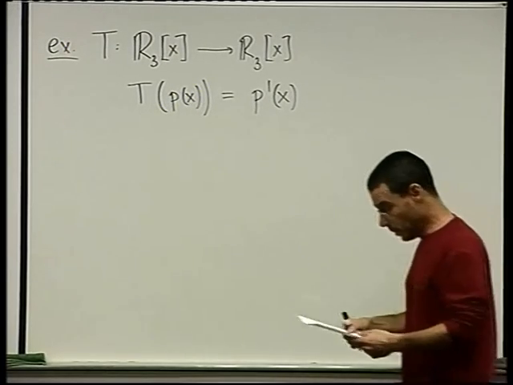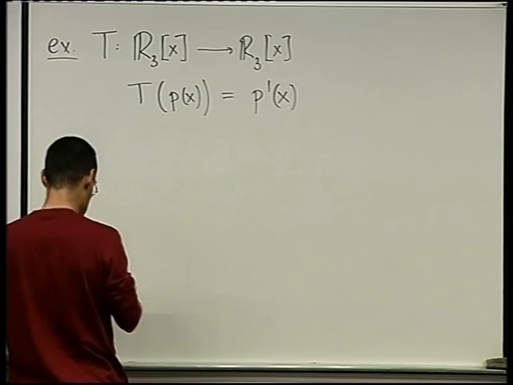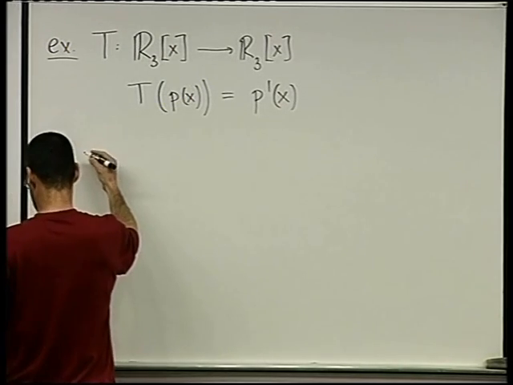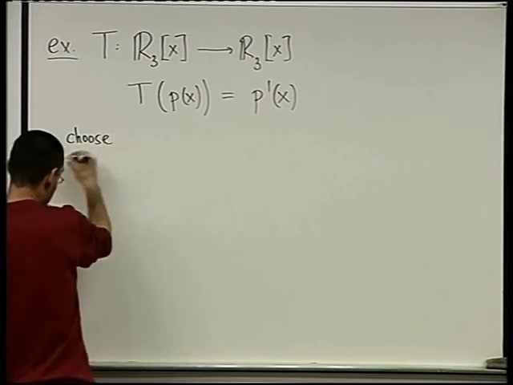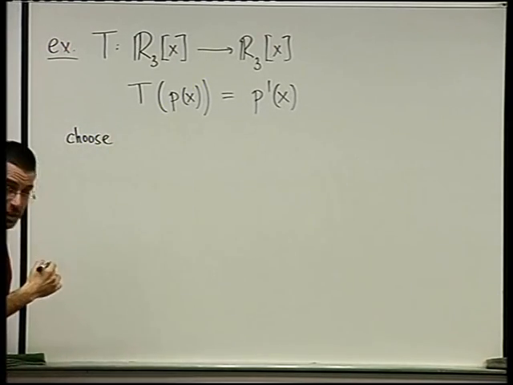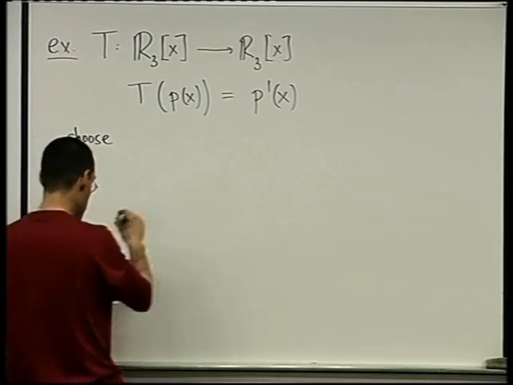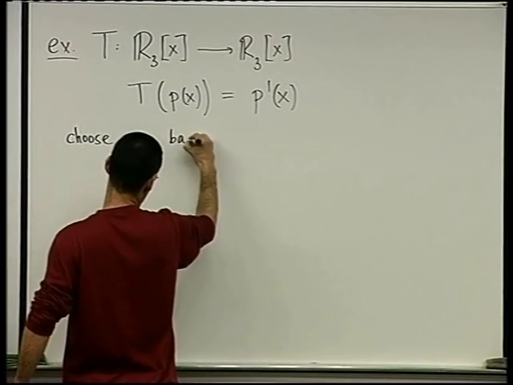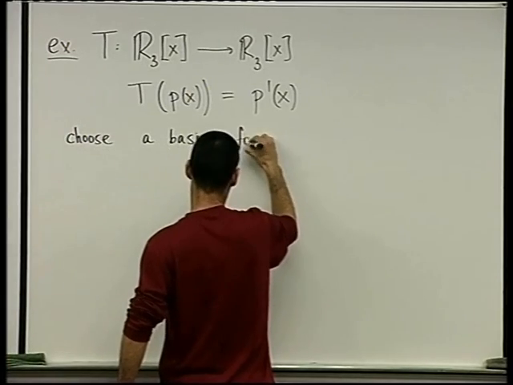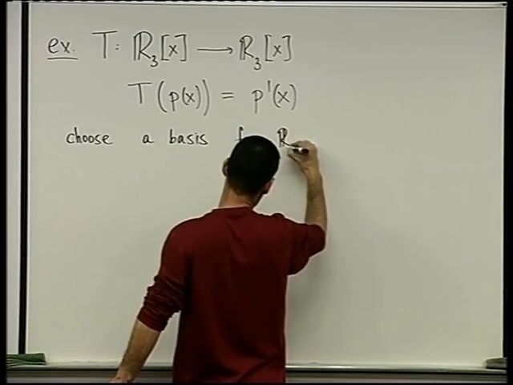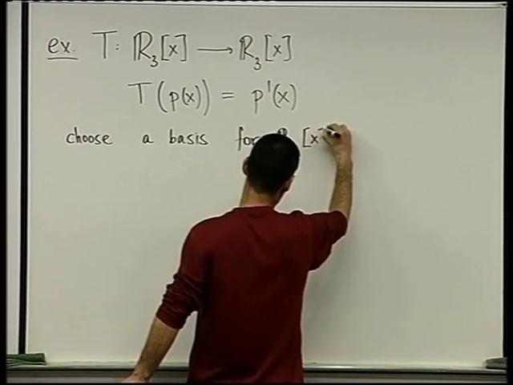Okay? So here is what we do. So choose, and there's a matter of choice here. We're going to see that it depends on the choice. Choose a basis with which you're going to work. A basis for your space V, or in this example, R3 of x.